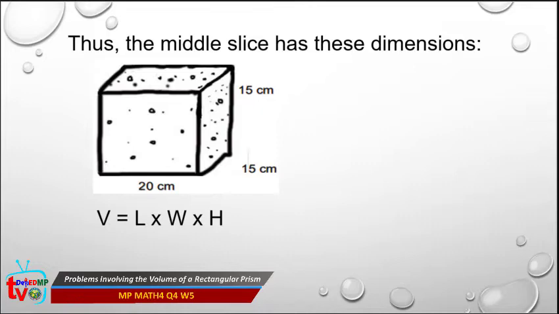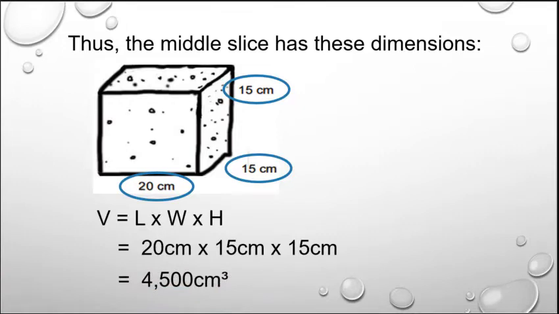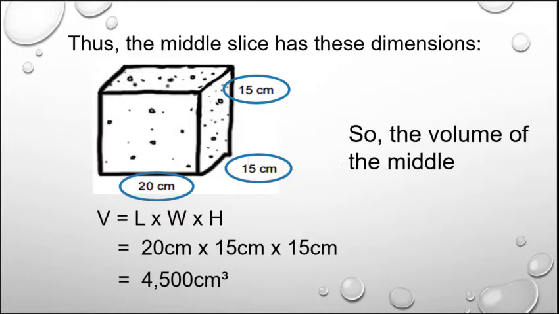So, the formula, volume is equal to length times width times height, where length is equal to 20 centimeters times 15 centimeters times 15 centimeters. The product, 4,500 cubic centimeters. So, the volume of the middle slice is 4,500 cubic centimeters.